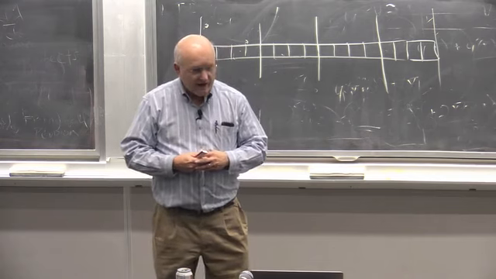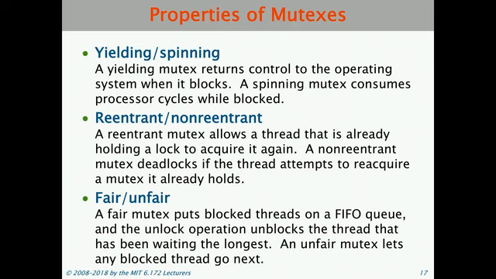So with a fair mutex, you go for the one that's been waiting the longest. Therefore, you never have to wait more than for however many threads were there when you got there before you're able to go.